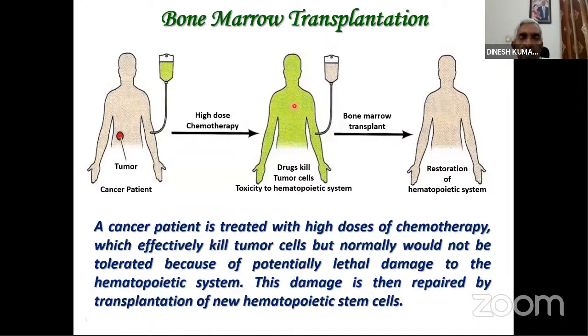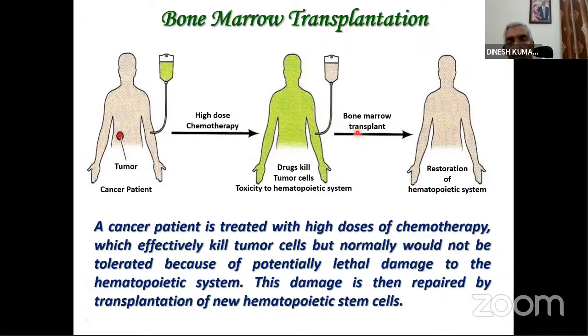So for a person who is going to take a high dose of chemotherapy for the treatment of a tumor, if the bone marrow is healthy, hemopoietic cells are taken out from their body or from a near relative.